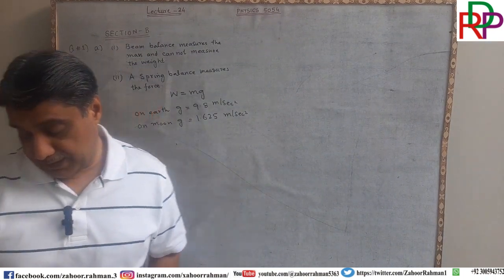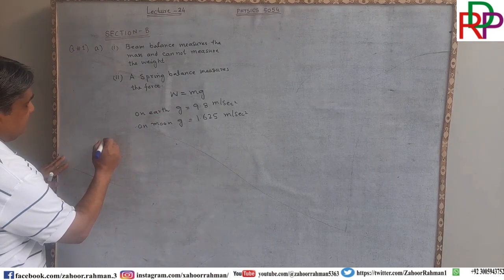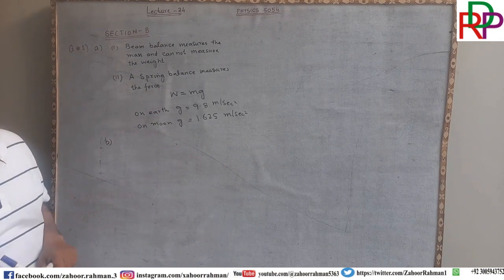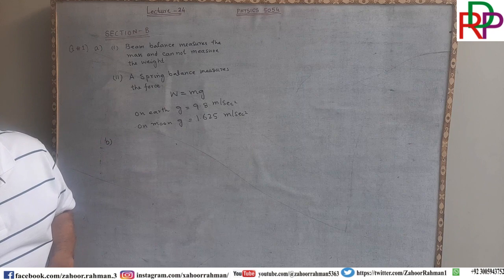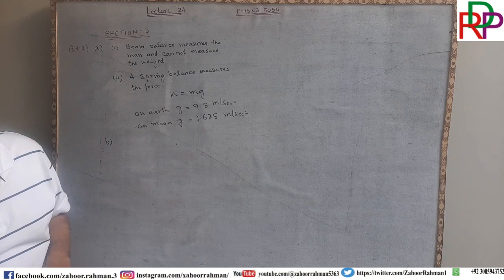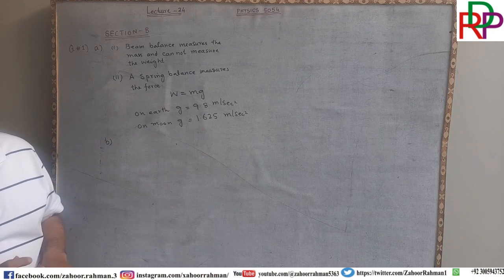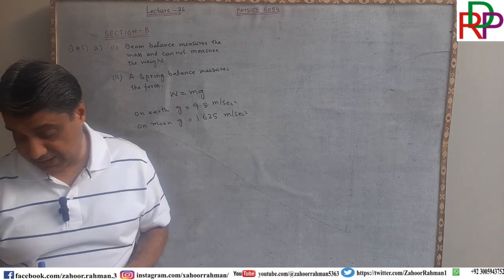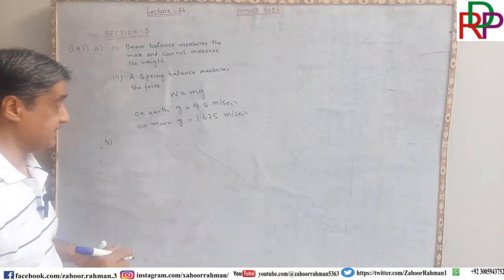Okay, the B part of this question is saying distinguish between mass and inertia. The very important part of this is how they are related.